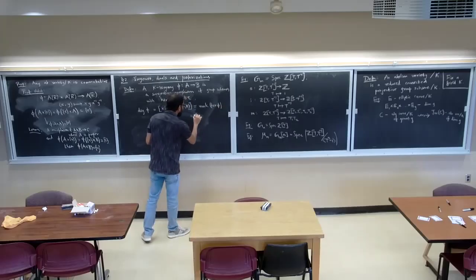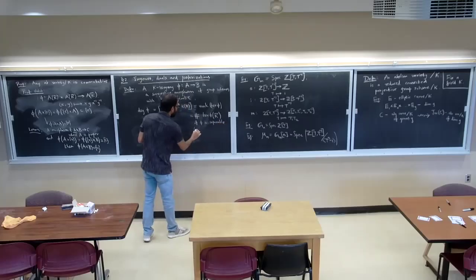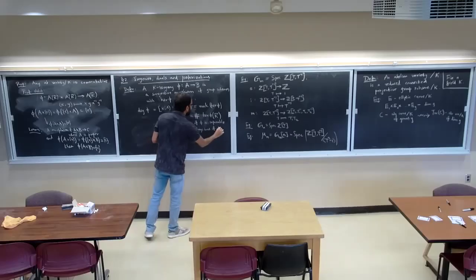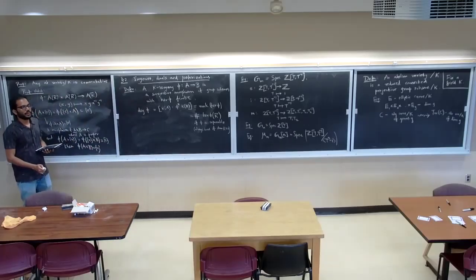But we can say that this is the size of the set of geometric points if phi is separable. So this is always true if K has characteristic 0.